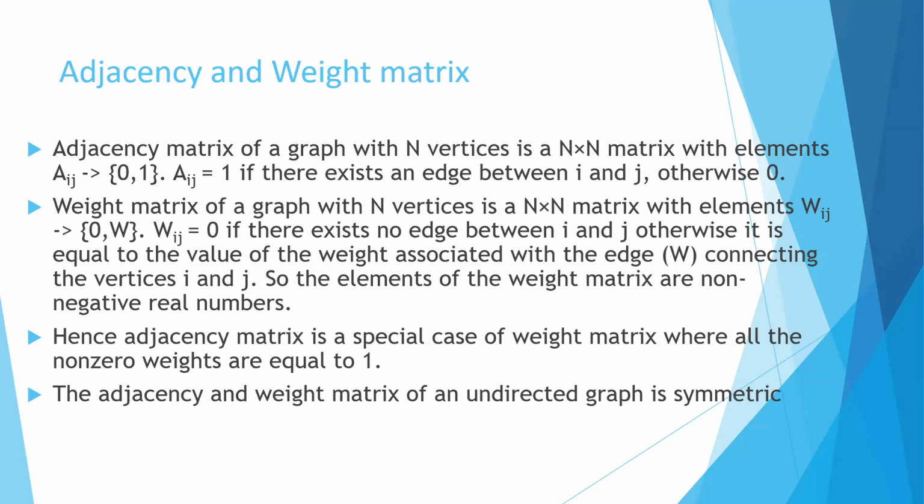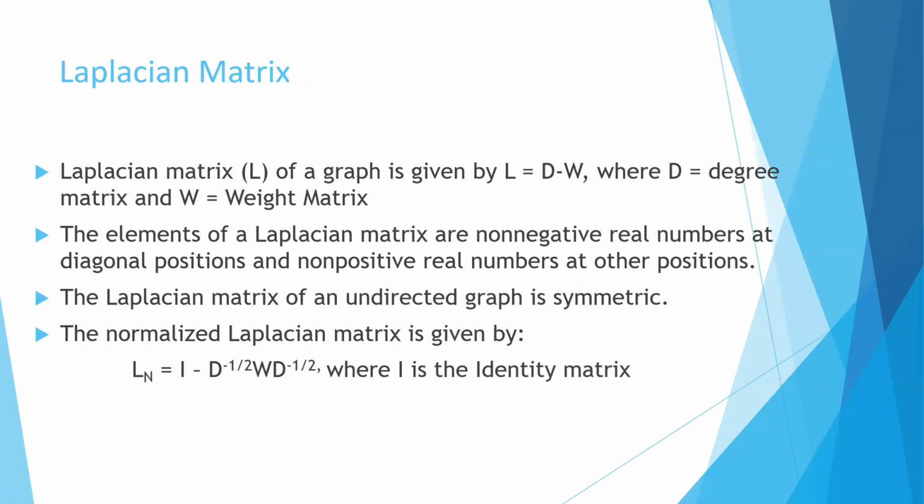And if there is an edge between two vertices u and v, then the element will be equal to the weight of that edge connecting those two vertices. So we can see that the adjacency matrix is an extension of the weight matrix, where instead of the weight, we use 1 in the adjacency matrix. The adjacency matrix and weight matrix of an undirected graph are symmetric.